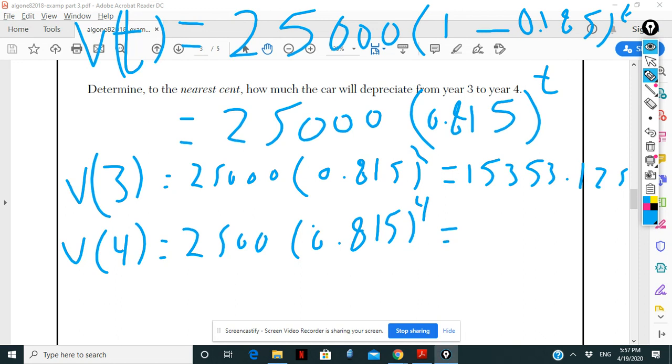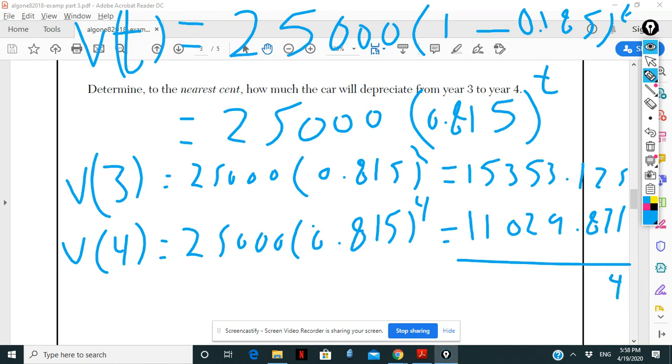Now the other one, 0.815 to the power 4 is 0.4411 times 25,000, equal to 11,029.871. Now we're going to subtract.